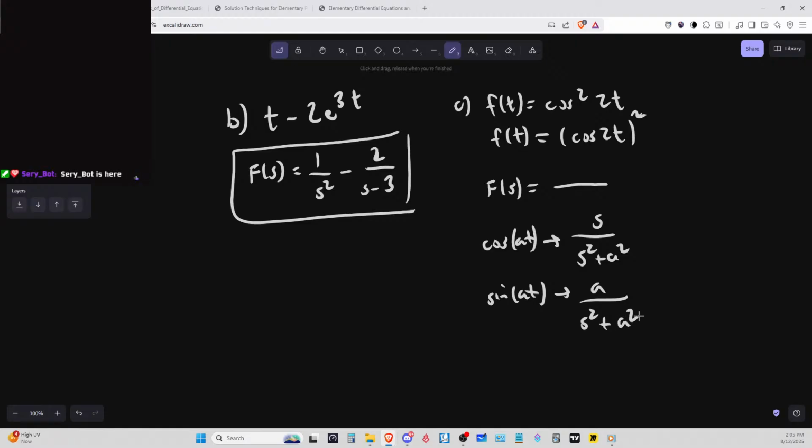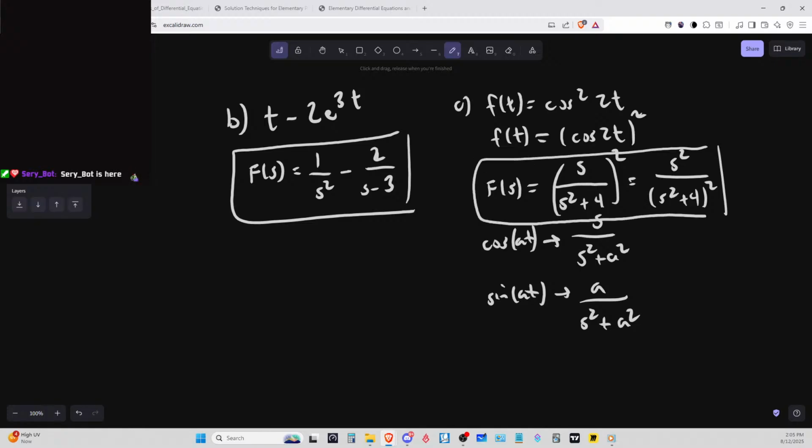Okay, so in this case it's supposed to be s squared plus 4. But we also have to take into account this part. So s, and I think that is our solution.